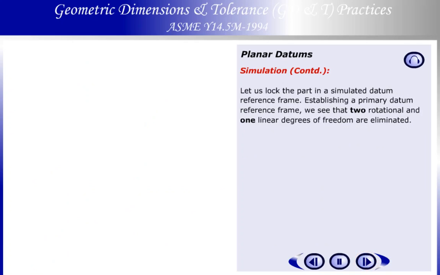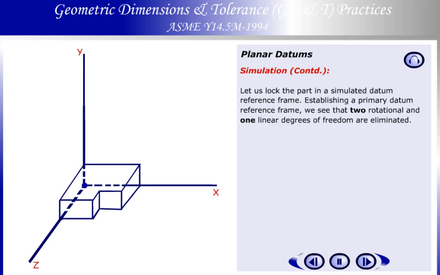Simulation continued. Let us locate the part in a simulated datum reference frame. Establishing a primary datum plane, we see that 2 rotational and 1 linear degrees of freedom are eliminated.